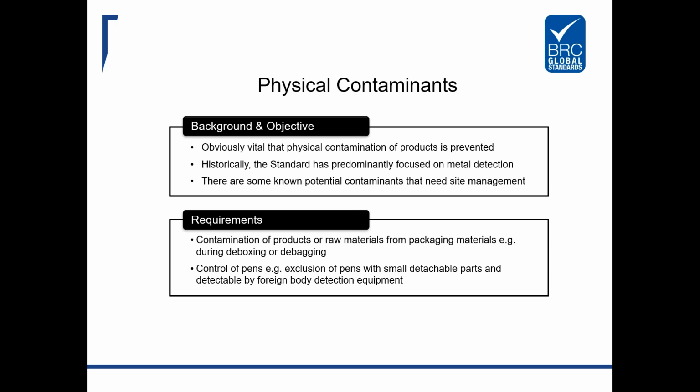So what we've done is put two new requirements in place. One is that you do a risk assessment of opening ingredient packaging, deboxing, decasing, opening, to make sure that you've identified any potential risk areas where physical contamination can occur based on that packaging, and you've put appropriate controls or training in place. And secondly, pens, and there's nothing new in the requirement.